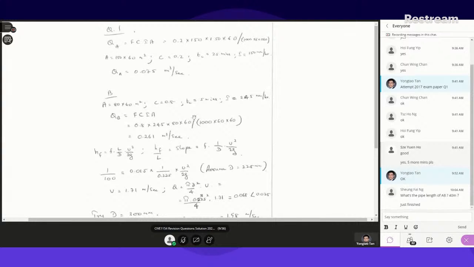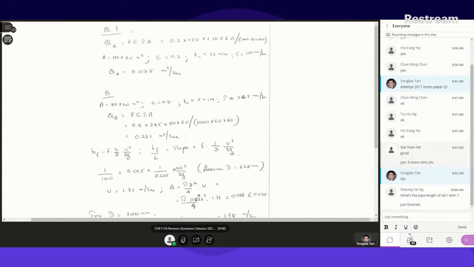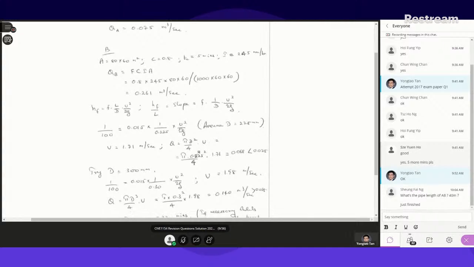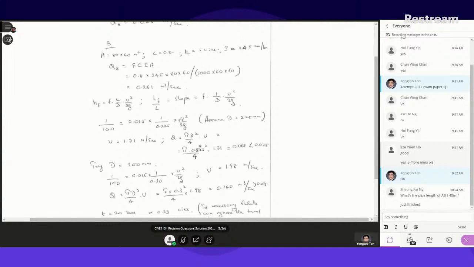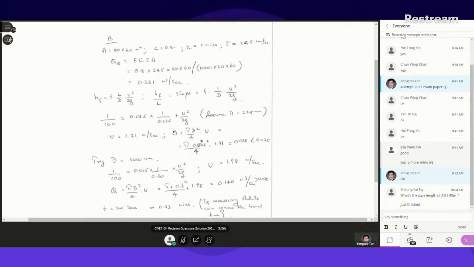Now for this question, there are only two subcatchments, the parkland and the paved areas. Let me open the questions.